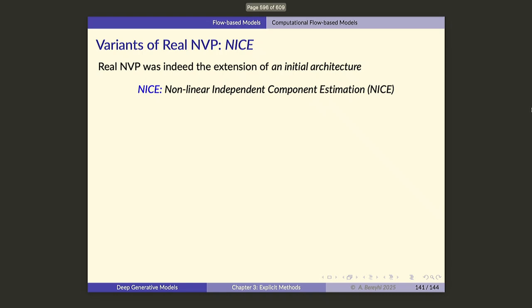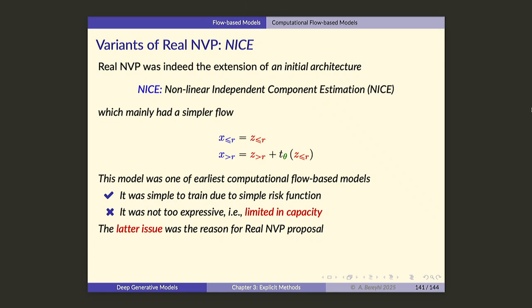Great. So if you have no questions, just a few final notes here. First of all, as I told you, this idea of building that kind of architecture, where the first part is copied and the second part is scaled and translated, is quite older than that. There was one architecture called NICE, which used exactly the same thing without a scaling. When you use this architecture, at the beginning they were super happy because, since you have no scaling, the main diagonal of the matrix is going to be all 1s, and then the determinant is 1, and the log of the determinant is 0.